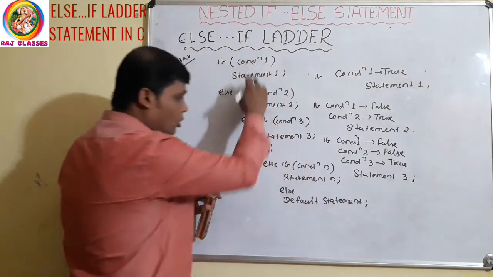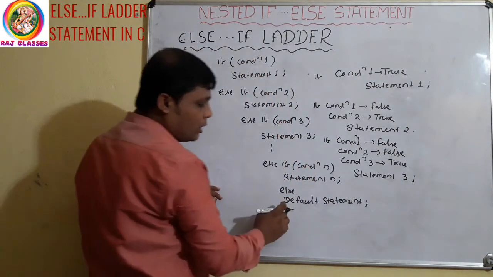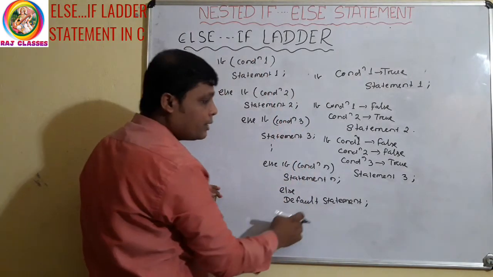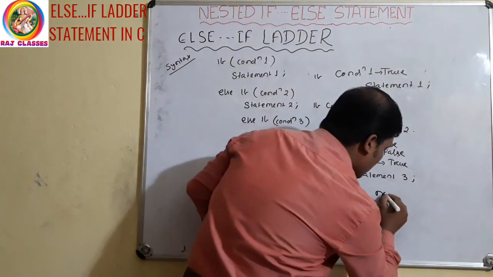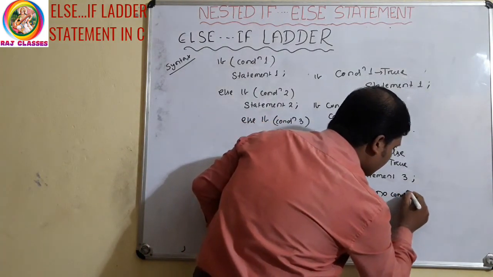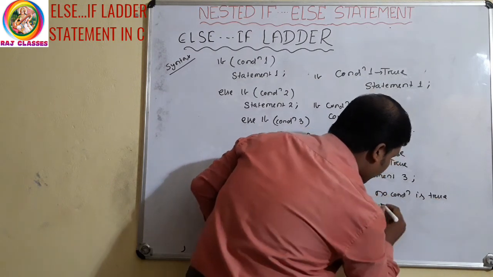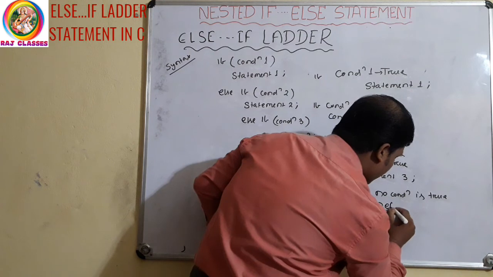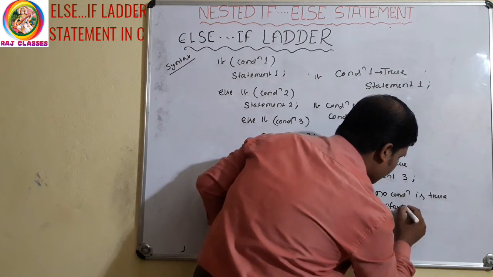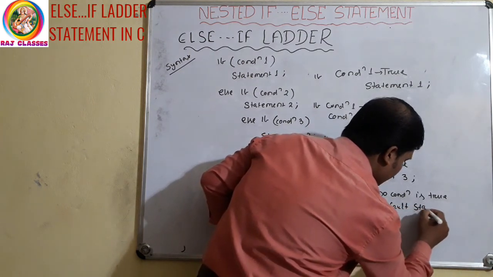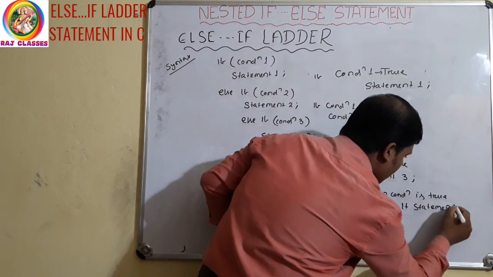If none of the conditions is true, it will execute the default statement. Understood?